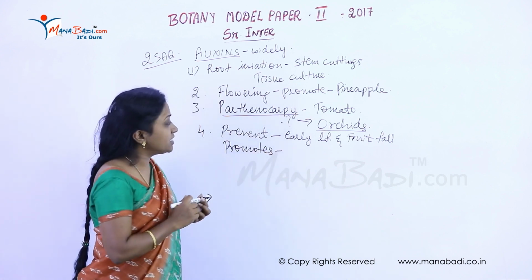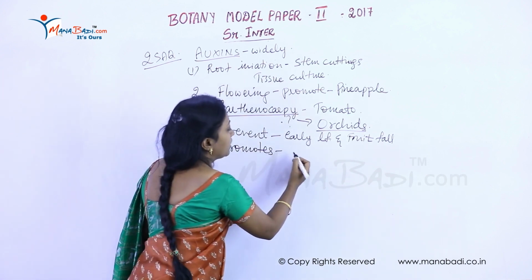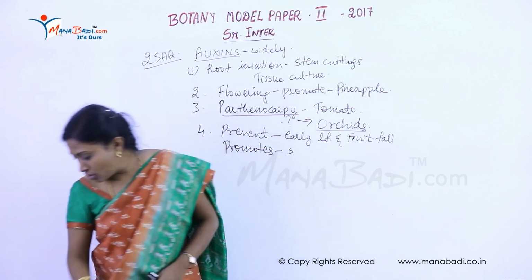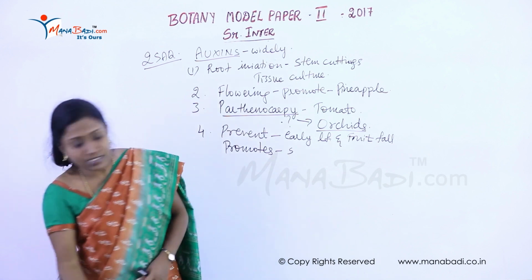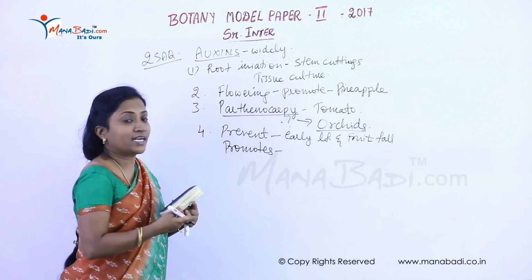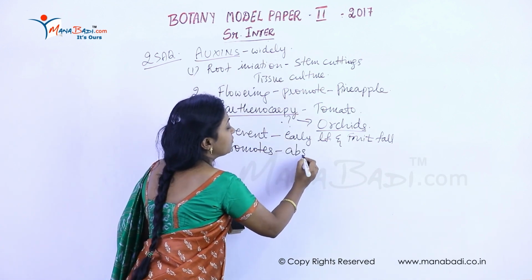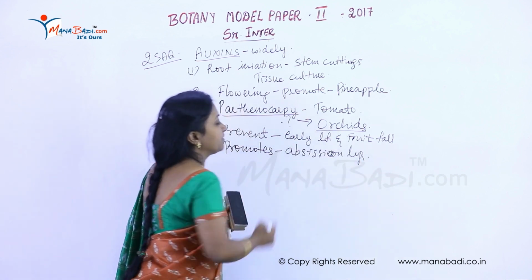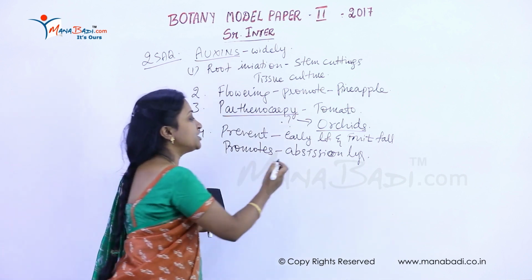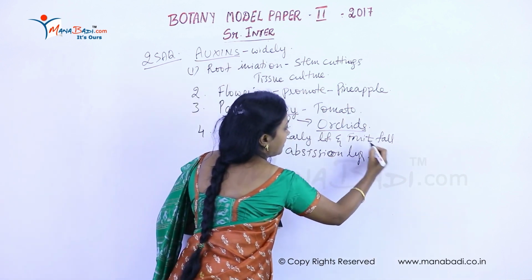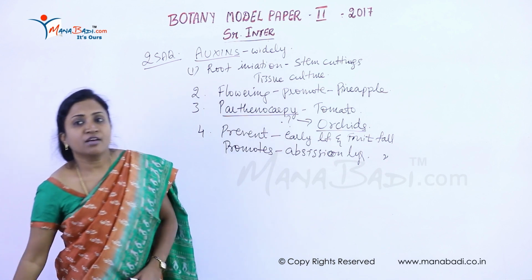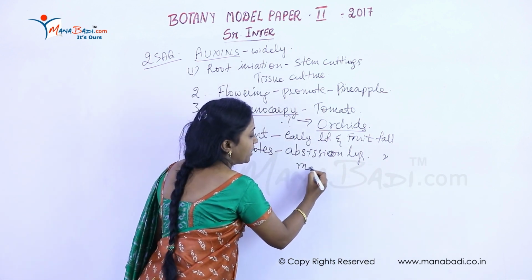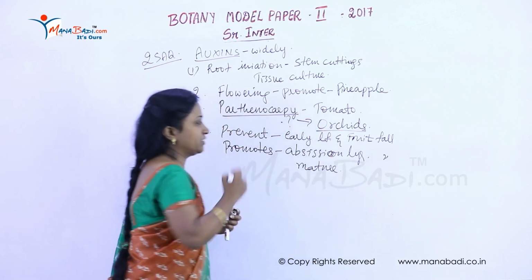At the same time, auxins promote, or rather not senescence exactly, they promote the formation of the abscission layer in the mature leaves and fruits.